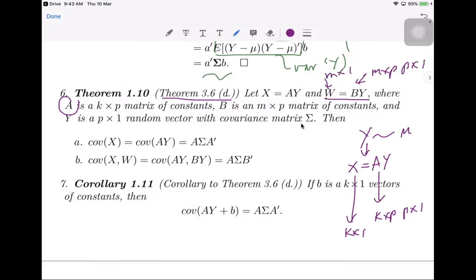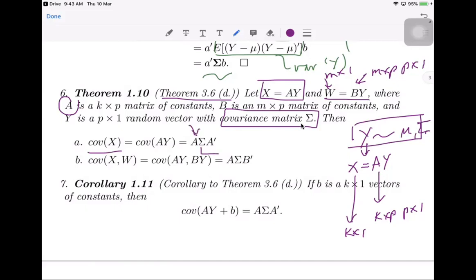And your vector y has a mean vector mu and covariance matrix sigma. Then, if you get the covariance of this transformation, this is equal to A times the variance of y, which is sigma, times A prime.